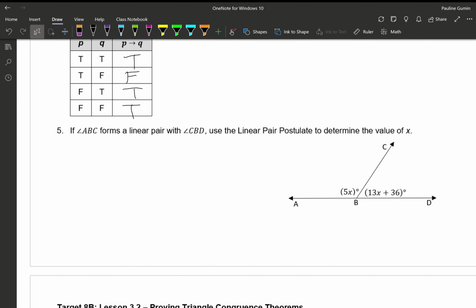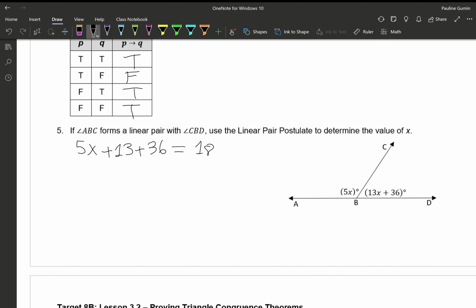If angle ABC forms a linear pair with angle CBD, use the linear pair postulate to determine the value of x. The linear pair postulate tells us that if we add two angles that form a line, a linear pair, they equal 180. So, I'm going to do 5x, that's the angle ABC, plus 13x plus 36, that's angle CBD.